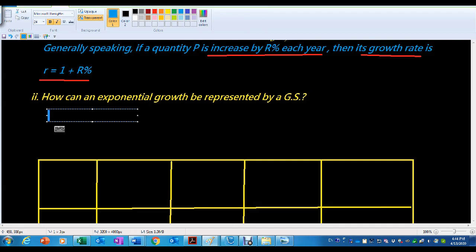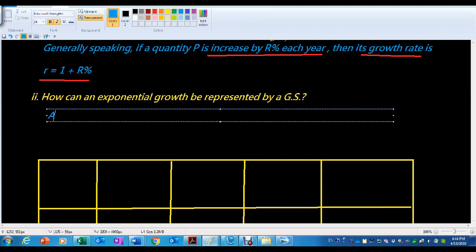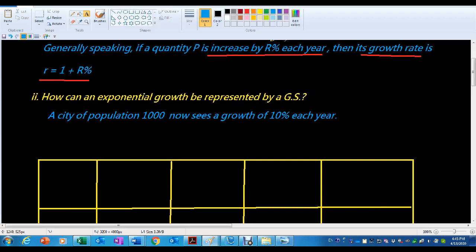Example: say a city of population 1,000 now, with a growth of 10% each year.